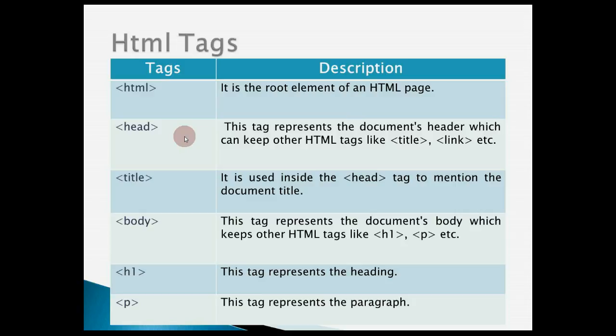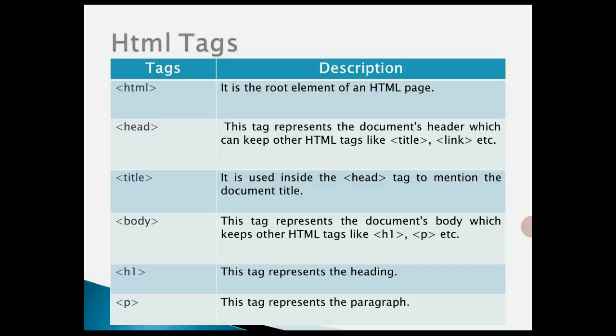Now, HTML tags. What are HTML tags? Tags are hidden keywords within a web page that define how the browser must format and display the content. These are tags that are used in almost all web pages. First, the HTML tag. The tag is used to indicate that this is an HTML document.